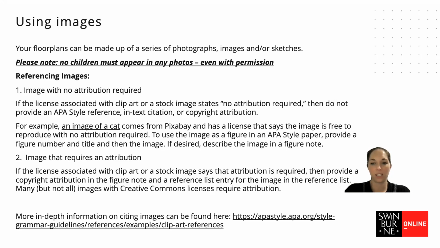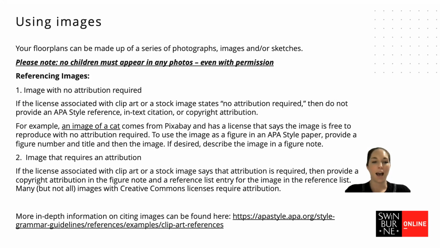Okay, so you would just provide a figure number and a title. But if it might be an image that requires an attribution, so there might be a license saying that attribution is required, you would need to cite that accordingly. You would need to use a figure note and a reference list entry for this image.